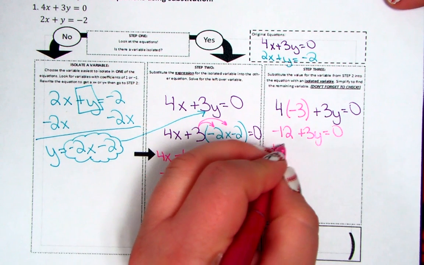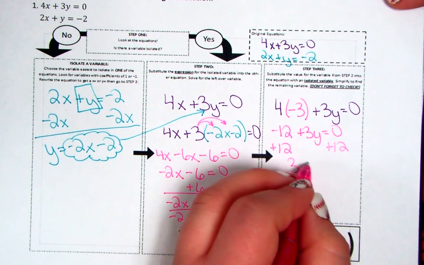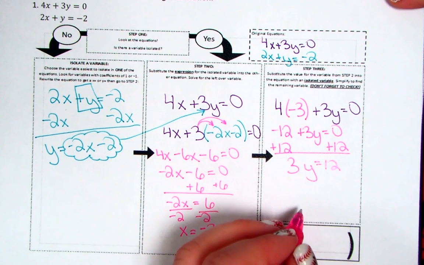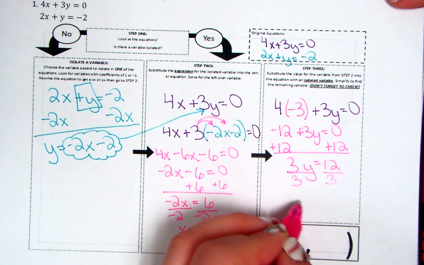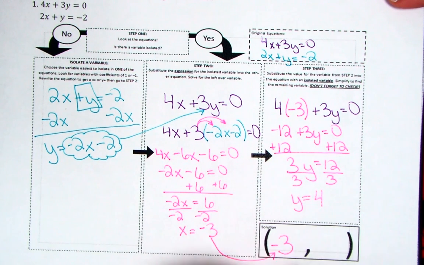Add 12 to both sides. 3y equals 12. Divide by 3 on both sides, and we have that y equals positive 4, which is the other part of my solution.